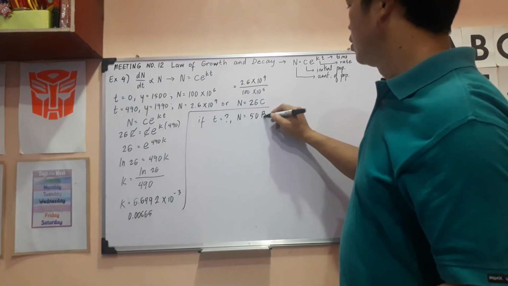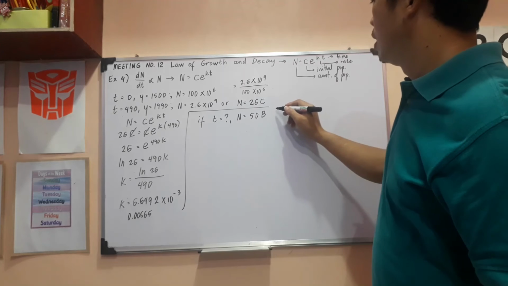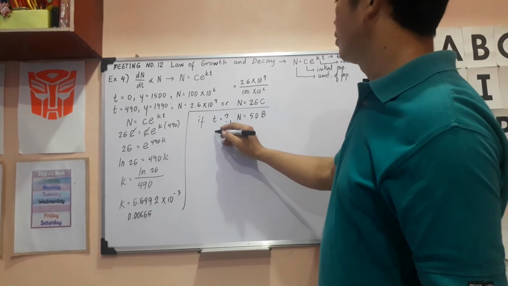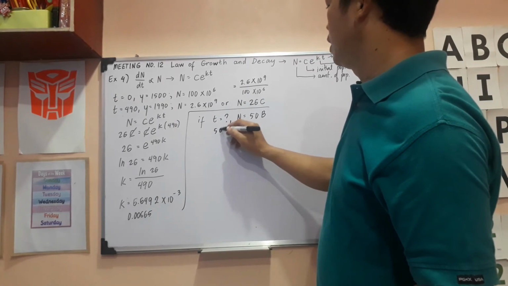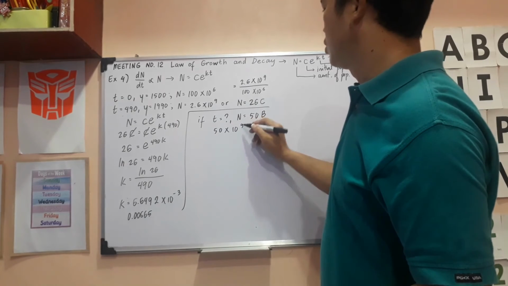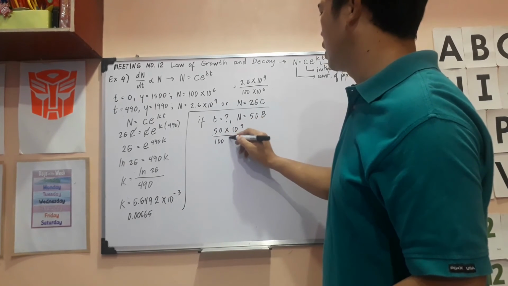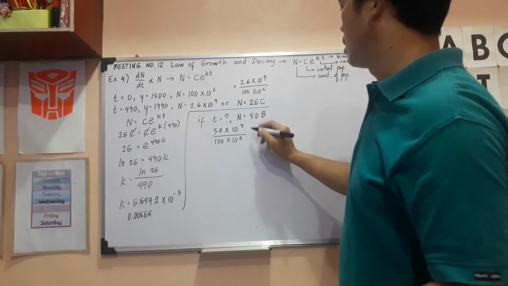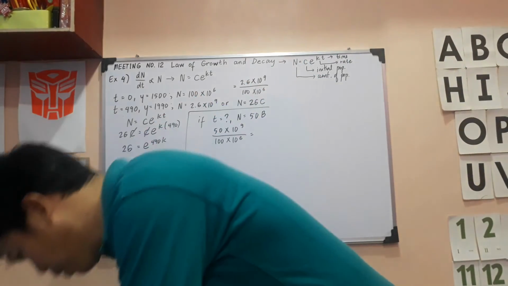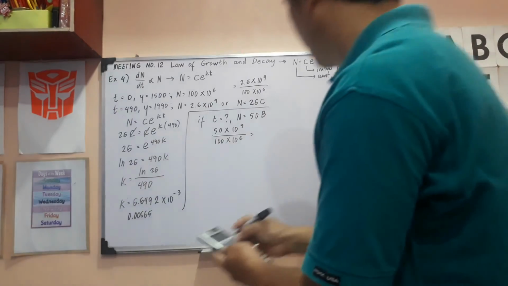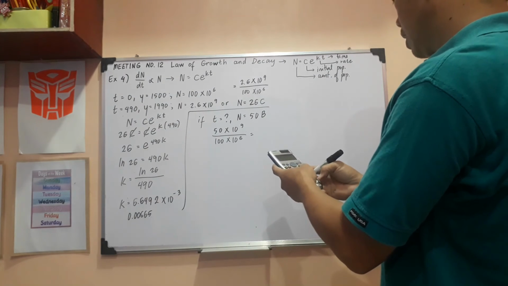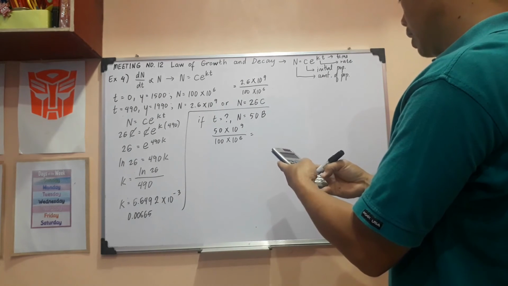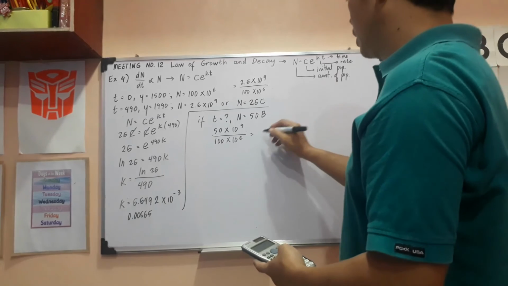50 billion. Or, ang magiging factor ko dito ay 50 times 10 raised to 9 all over original is 100 times 10 raised to 6. Tama ba? So, the factor is 50 exponent 9, 50 billion divided by 100 exponent 6, 500c.